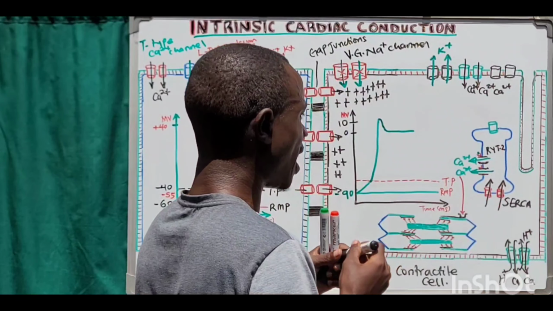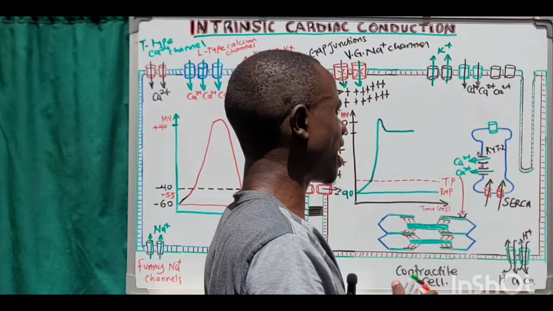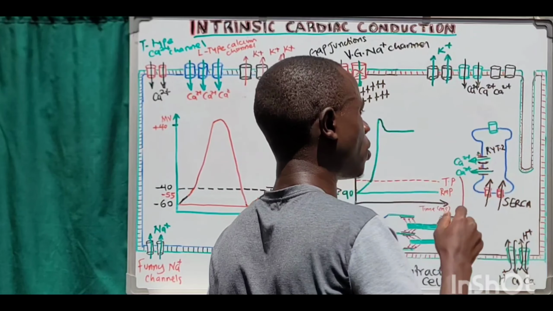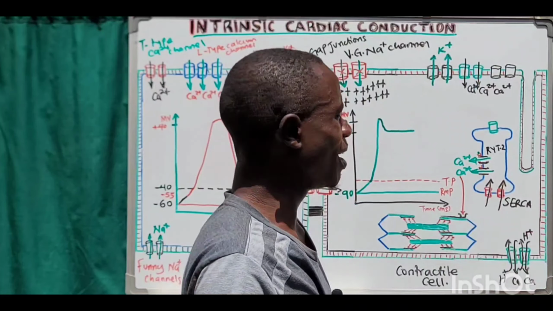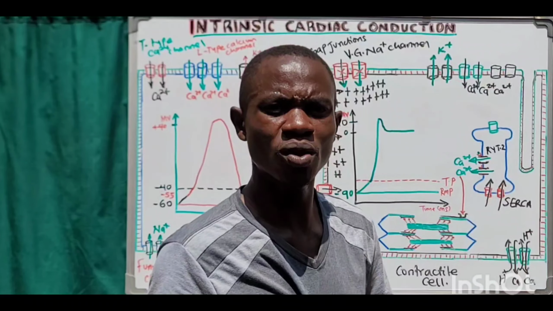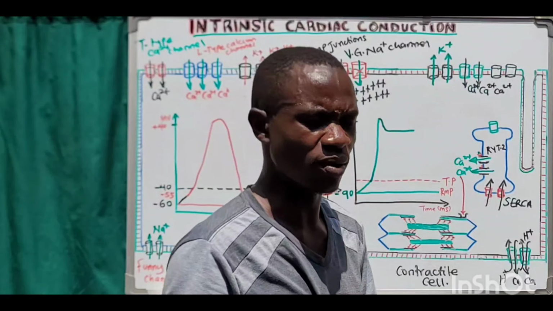And we also have another channel on the membrane, which can allow the entry of calcium. But now, we have a lot of calcium inside the sarcoplasmic reticulum, and calcium is less in the cytoplasm, meaning calcium is moving against its concentration gradient. What happens? We also have another secondary active transport that helps us in this process.